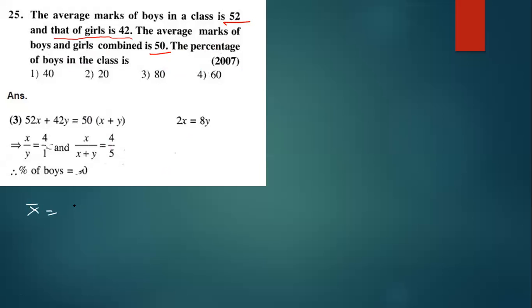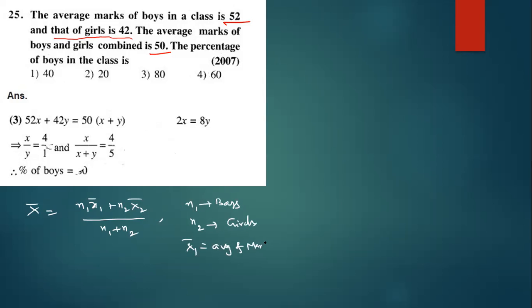Average is equal to n1 x1 bar plus n2 x2 bar by n1 plus n2. n1 represents boys, n2 represents girls. So x1 bar means what, dear students? That is the average marks of the boys, 52. X2 bar means 42.